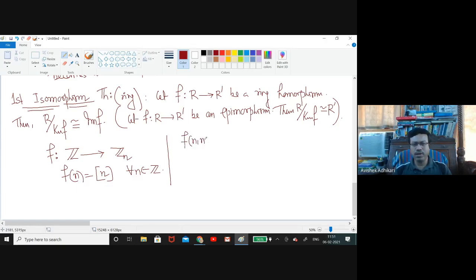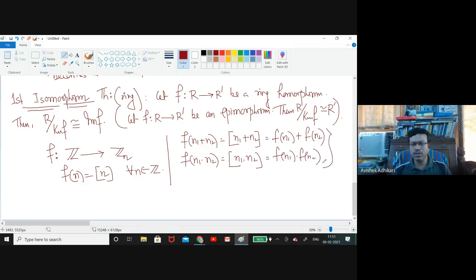For that, f of n1 plus n2 equals class of n1 plus n2, and this is of course equal to f of n1 plus f of n2. Similarly, f of n1 times n2 is class of n1 times n2, which is also f of n1 times f of n2. So this is true for all n1, n2 belonging to Z. Since these two properties are satisfied, we can say that this is a ring homomorphism.